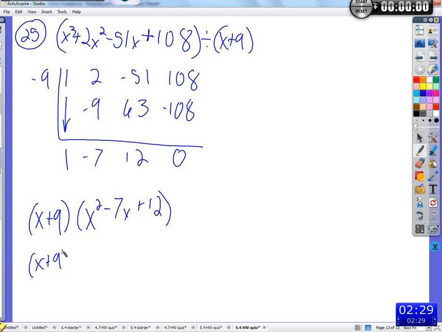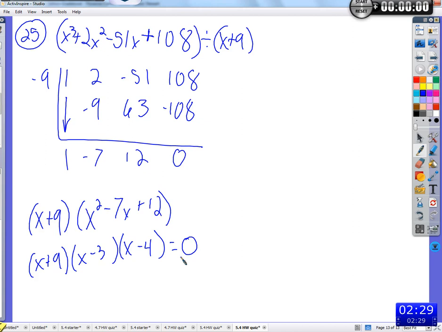And again, we should be able to factor this further. x minus 3, x minus 4. Something we've already done. But now if this happened to be equal to 0, you solve this equation.